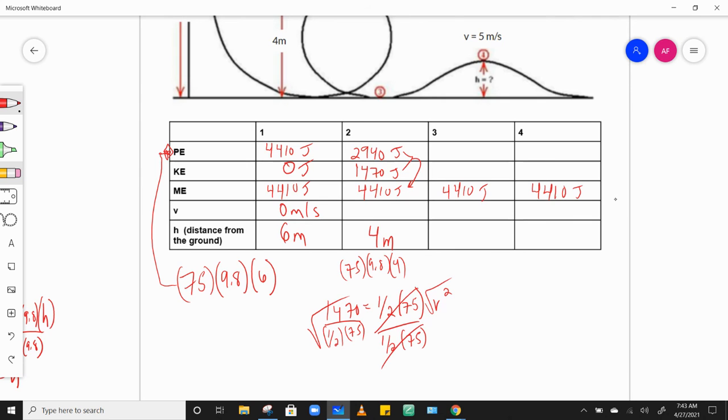So that cancels. Velocity equals 6.3 meters per second.